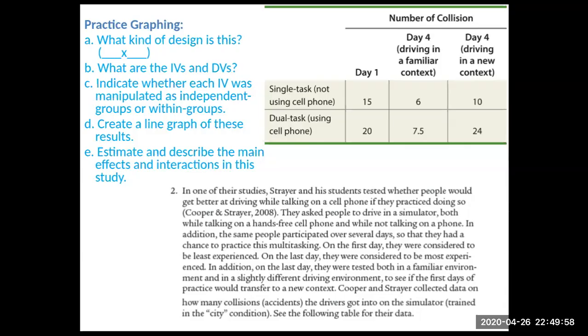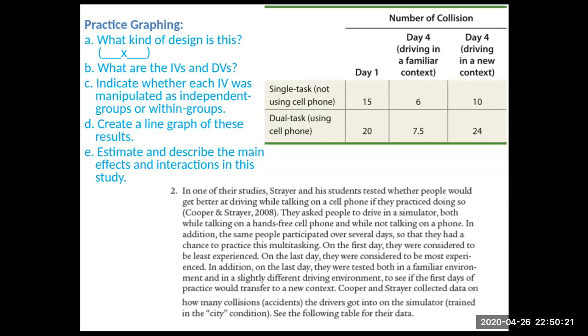The second variable is the day or driving condition. Day 1, day 4 familiar, day 4 in a new context. That is 3 levels. So the second variable has 3 levels. First variable has 2, second variable has 3. We would call this a 2 by 3 design.